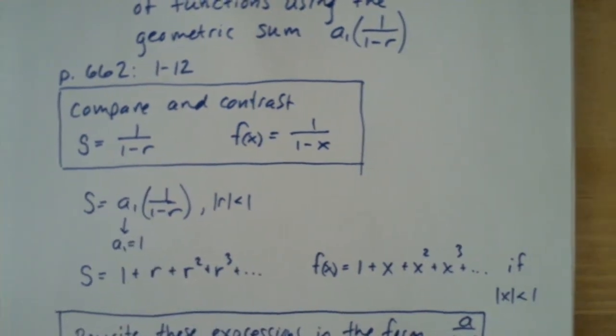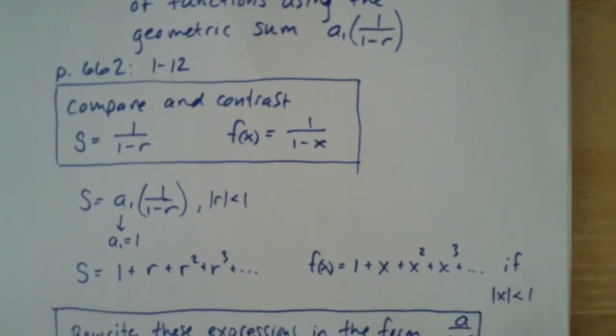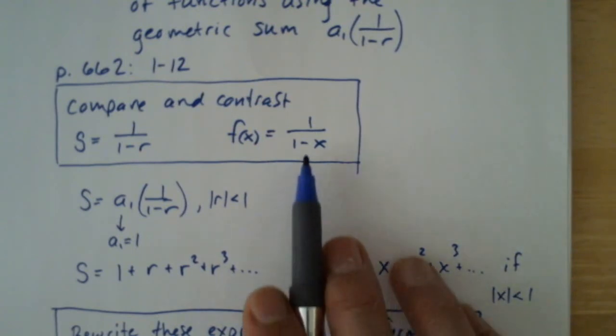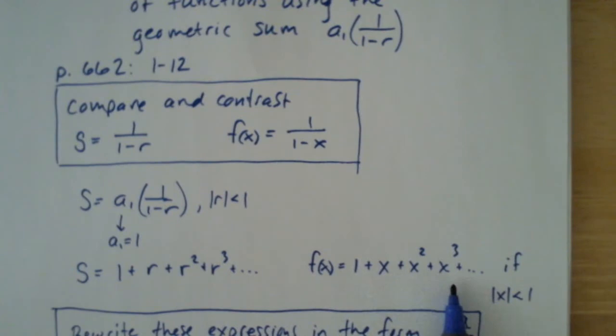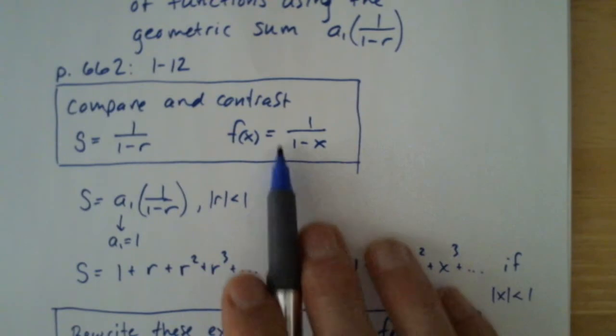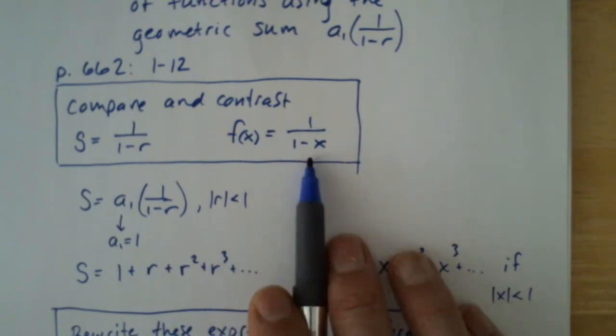If we just replace the r with an x, now we have a function, a series whose sum is going to be this function. This function is represented by this series, but not for all real numbers, because if x is a large number, like x is 10, that goes to infinity, it's not going to converge to the value of this on the graph.